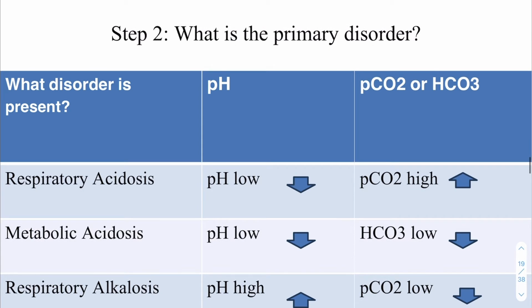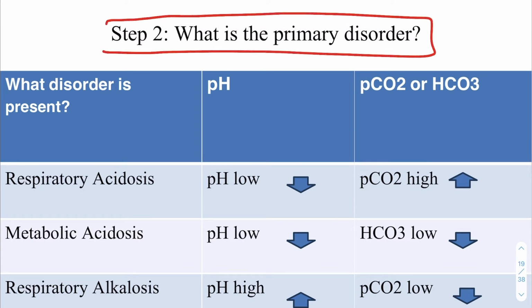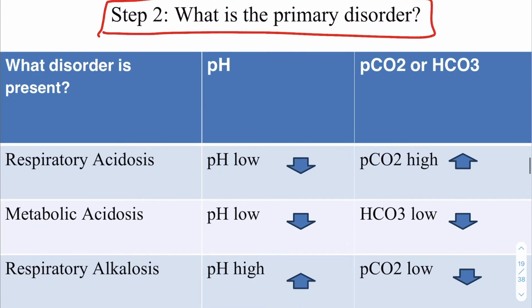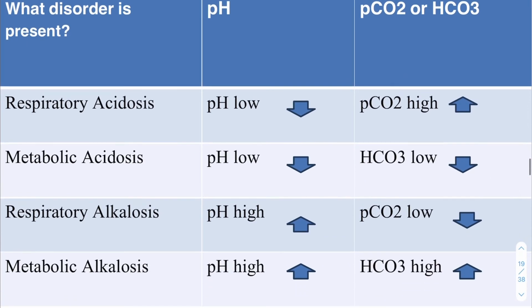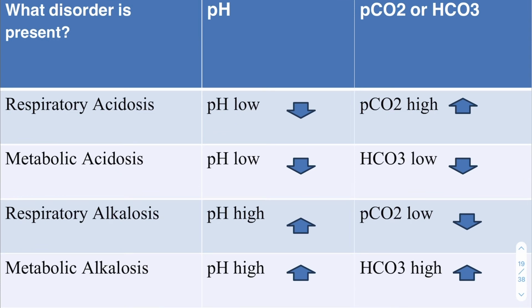In this step, just remember that if it is a respiratory disorder, then the direction of pH and the direction of PCO2 will be in opposite direction. But for the metabolic disorders, if it is metabolic acidosis or metabolic alkalosis, the direction of change of pH and the direction of change of bicarbonate will be in the same direction.